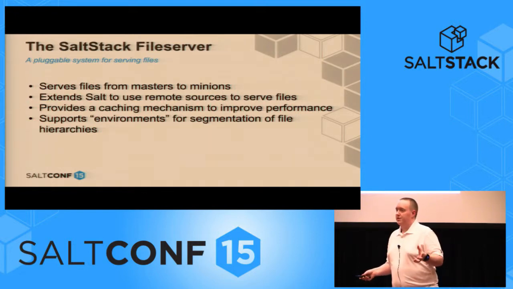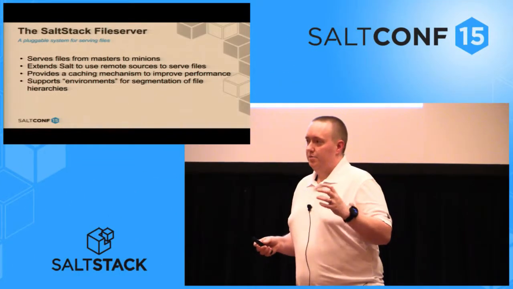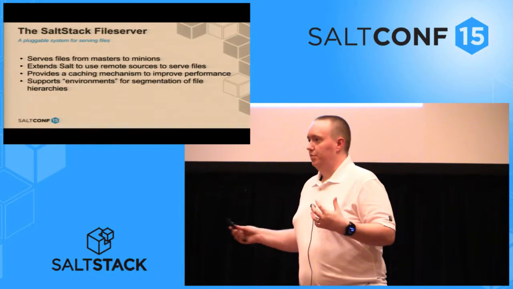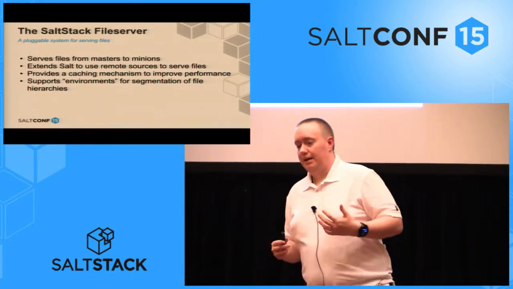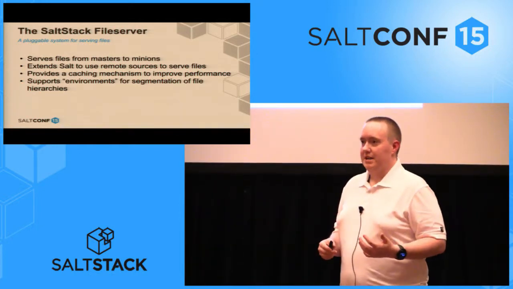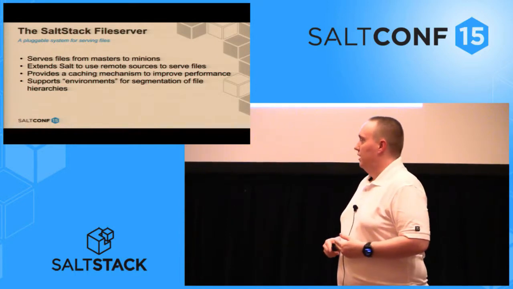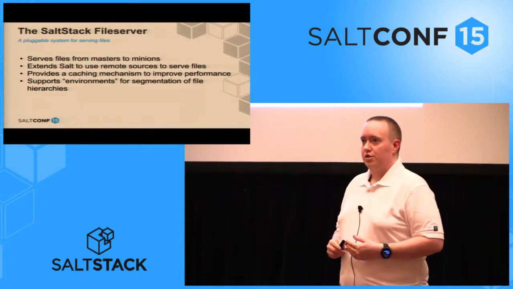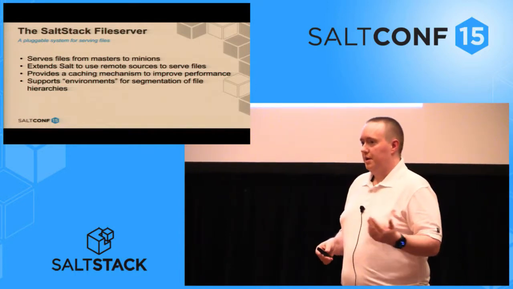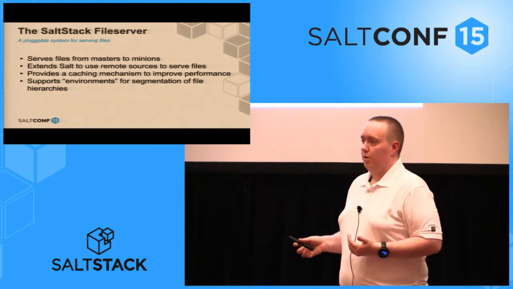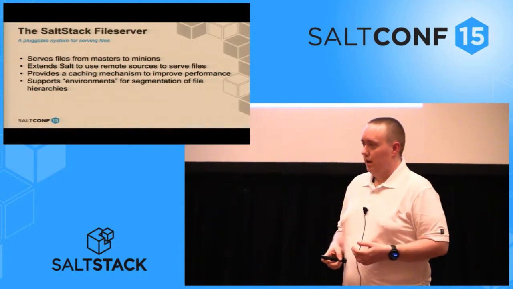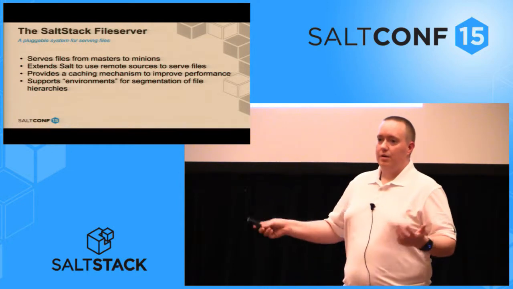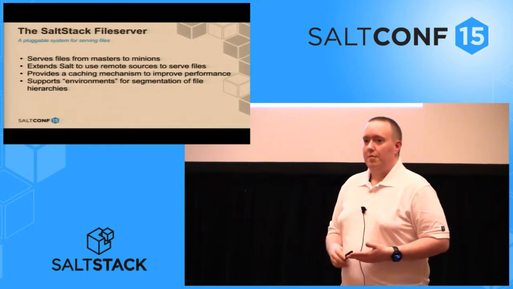The masters will fetch them and provide them just as files to be deployed to the minions. So that reduces the number of times you're hitting your repository, and it also allows you to deploy files into certain architectures where maybe your minions may not be able to get out to some external server.